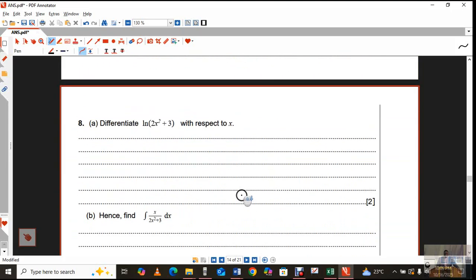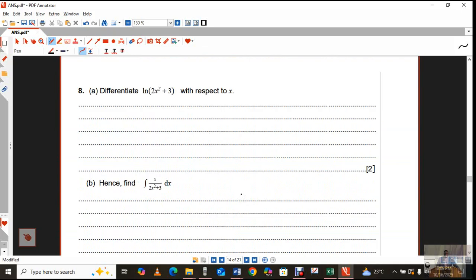Okay, that takes me to question 8a within the paper. Now they are saying differentiate that. I hope that if you have something like this, maybe I can write it as a quick rule.